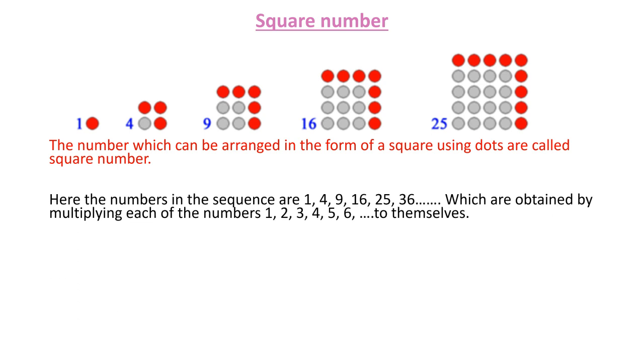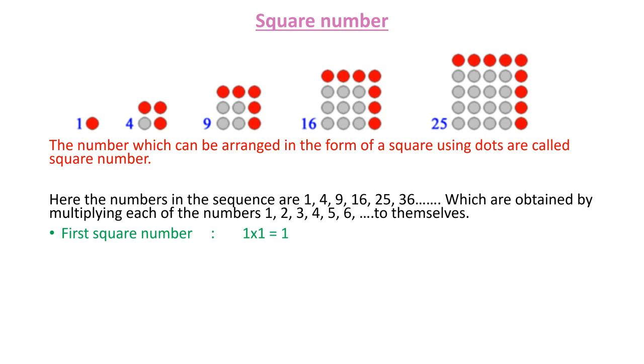Now here the numbers in the sequence are 1, 4, 9, 16, 25, and if we move on we get 36 and so on. So we get these numbers when these numbers are multiplied by themselves.